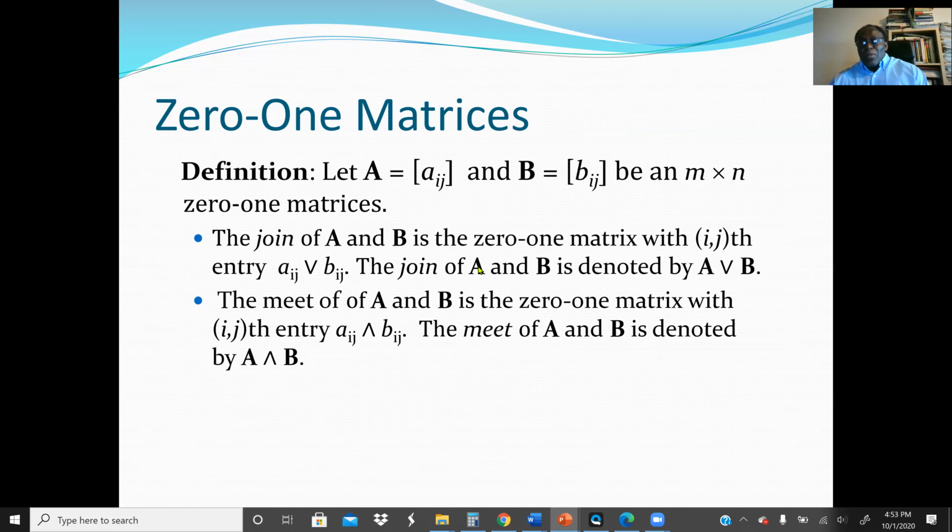The join of A and B is denoted by A disjunction B. Now the meet of A and B is the 0, 1 matrix with entry Aij conjunction Bij. So if they say we should find the meet of A and B, we just have to find the conjunction of matrices A and B. This is if the two matrices are 0, 1 matrices. We are using the binary number system.